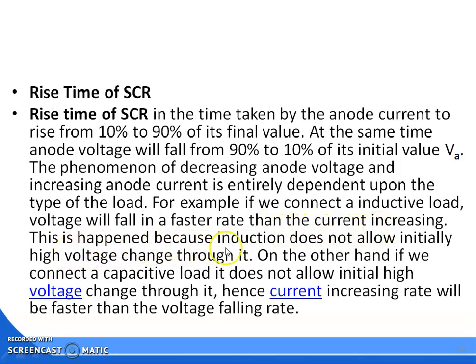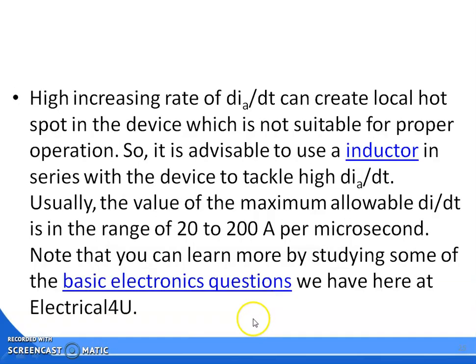This happens because an inductor does not allow an initial high current change through it. On the other hand, if we connect a capacitive load, it does not allow an initial high voltage change through it. Hence, the current increasing rate will be faster than the voltage falling rate.